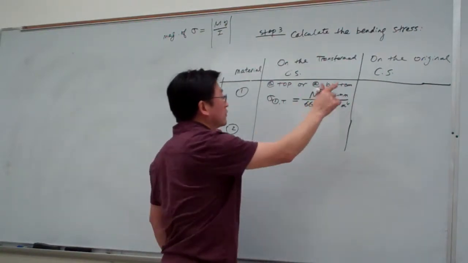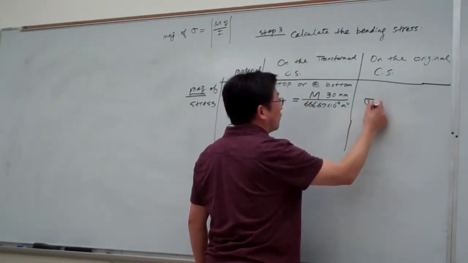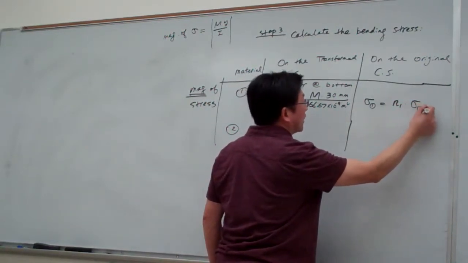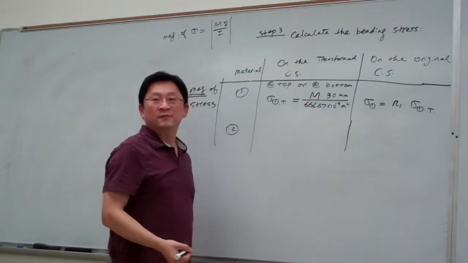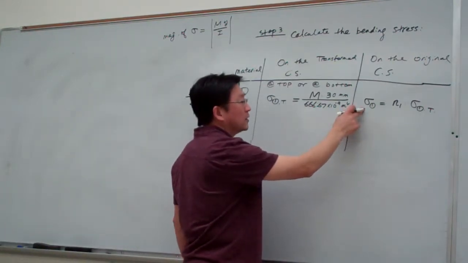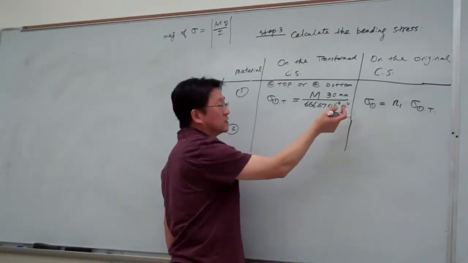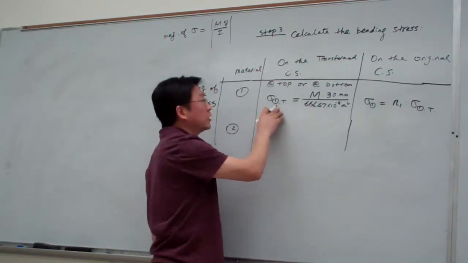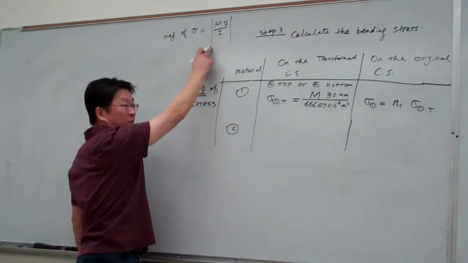And on the original cross section, sigma 1 basically equal to n1 times sigma 1 on the transformed cross section. And here is our final step. We simply interpret the result on the transformed cross section, which is based upon this formula.